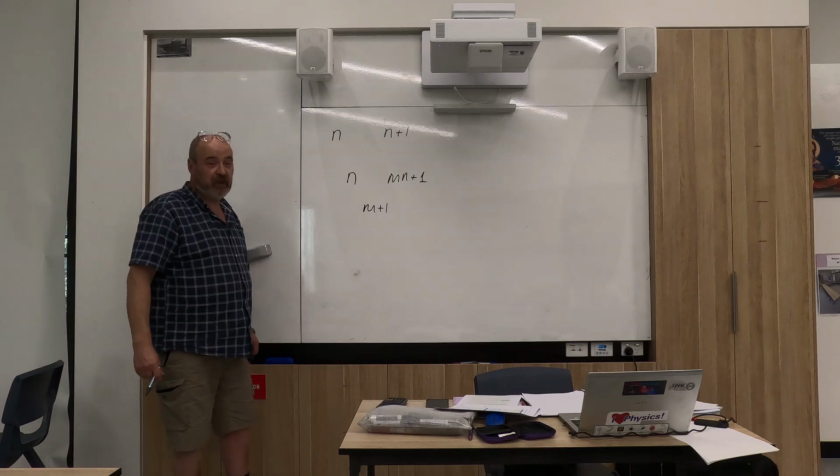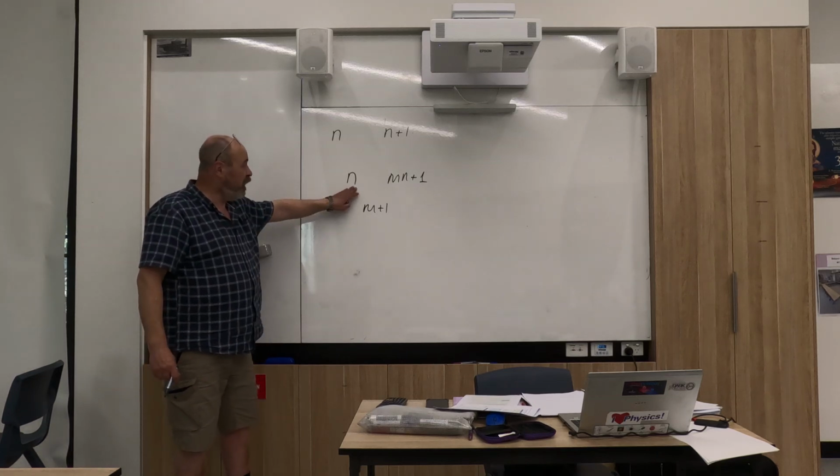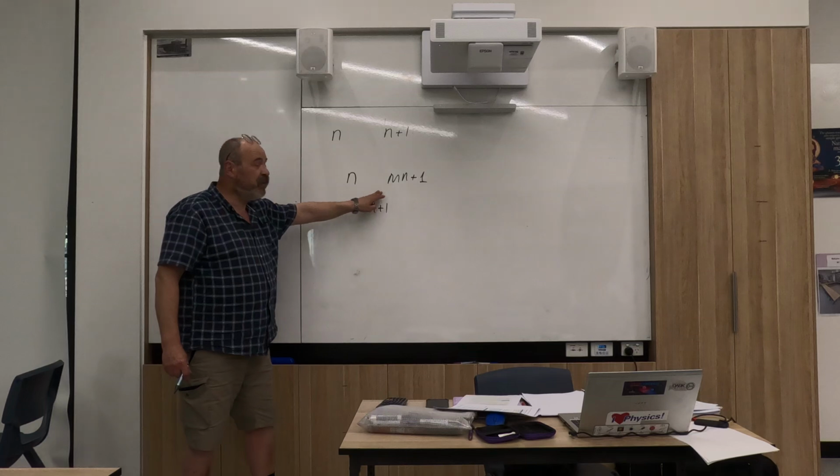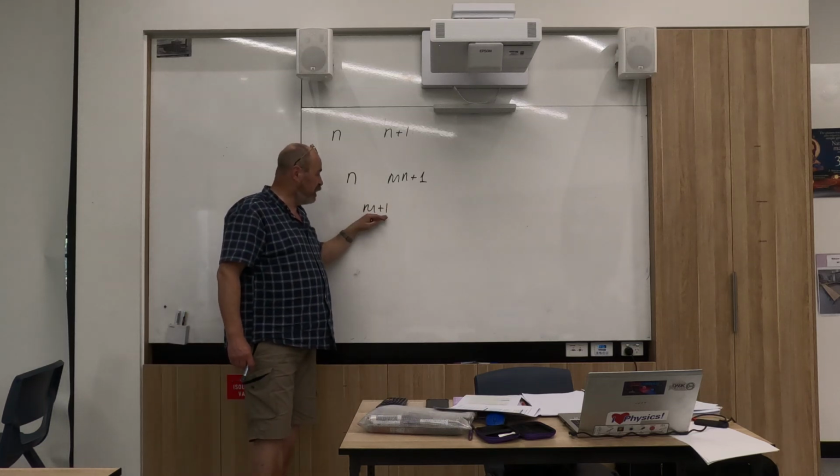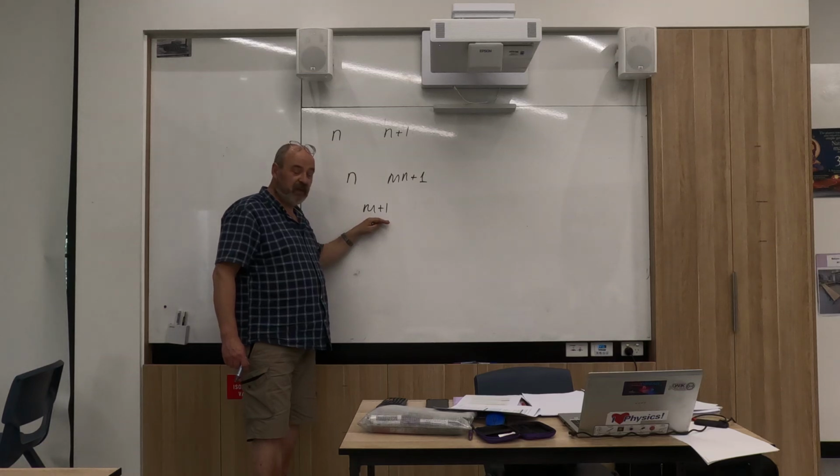This is the general pigeonhole principle. We have n holes, we have that many objects, and that means at least one hole will have that many.